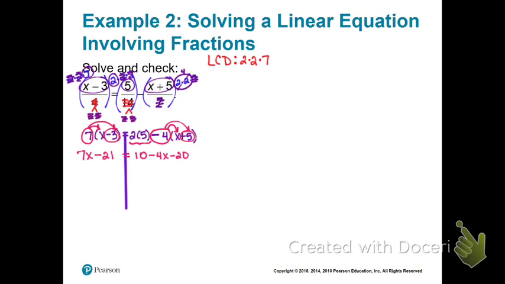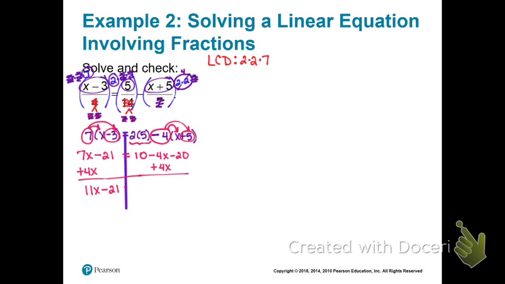Now what? Is that what everybody wants to do first? All right, so you said let's add the 4x to the other side. So 7x plus 4x is 11x.